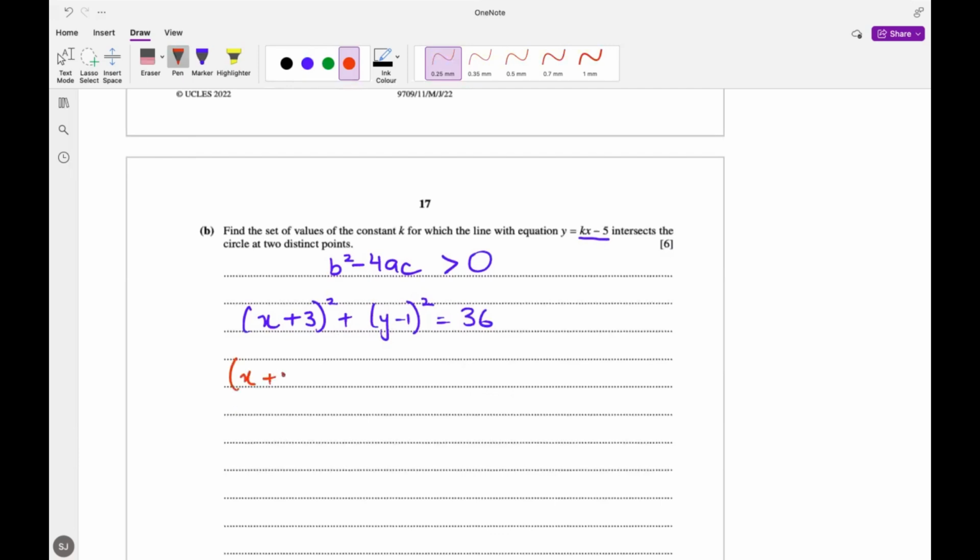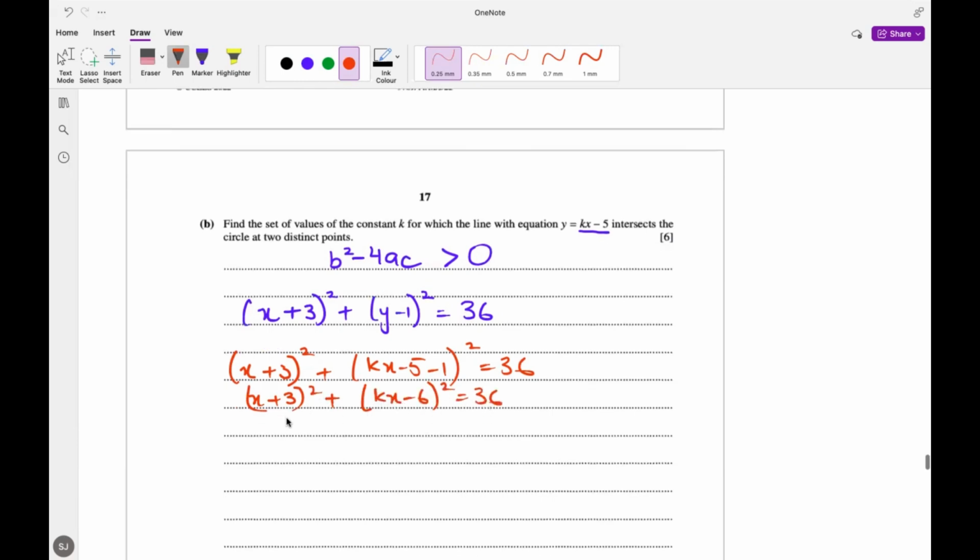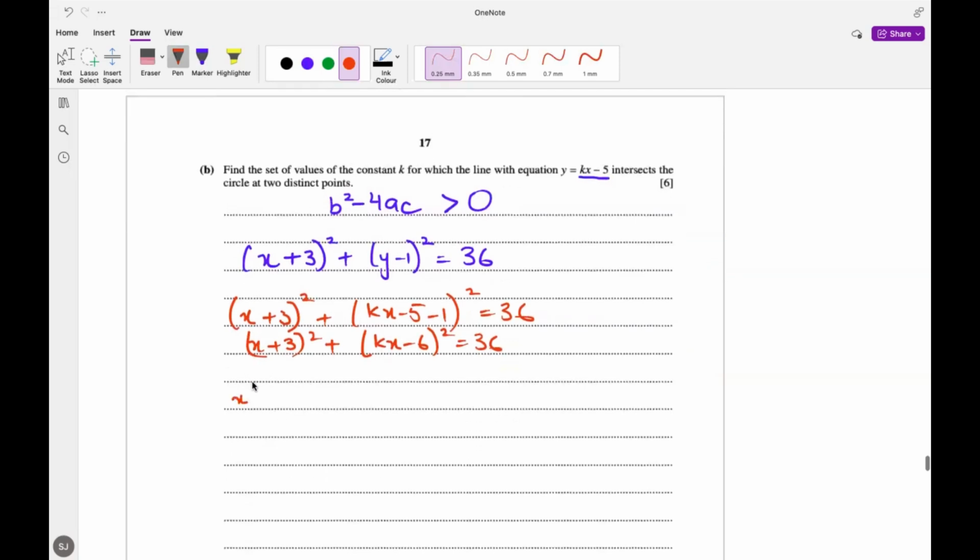So this will become (x plus 3) whole squared plus (kx minus 5 minus 1) whole squared equals 36. We'll simplify the bracket, kx minus 5 minus 1, which will make it (kx minus 6) whole squared equals 36.